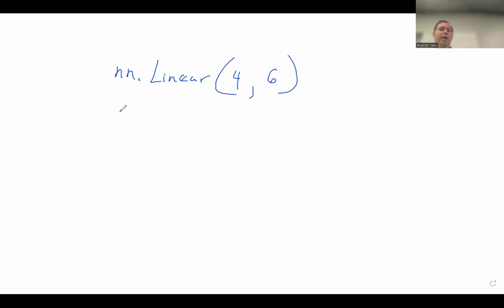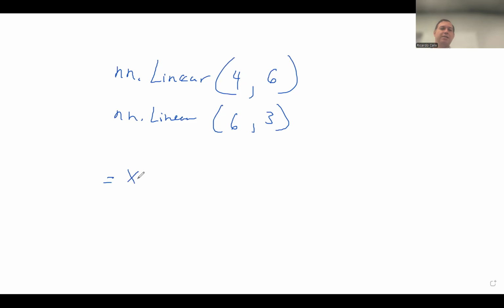And then you do another nn.linear, and you'll say 6, comma 3. Does that look familiar? We've done this before, right? This is Iris. So what nn.linear does is it actually creates the whole equation.